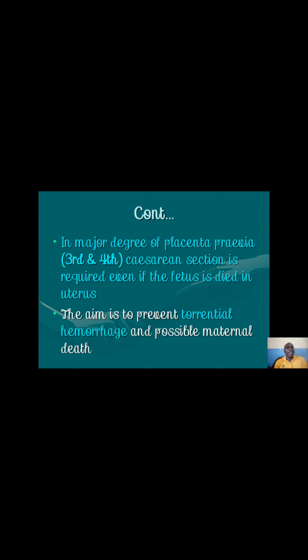Hakuna pa kupita, kwa sababu there is closure of the opening of the cervix. But also the aim is to prevent torrential hemorrhage and possible maternal death. Kwa hiyo vyote ni vya muhimu. Sawa, mtoto amesha collapse, but our aim sasa tumsaidie mama, asije pia na yeye akapata torrential hemorrhage akaresult into loss of life au akacollapse.